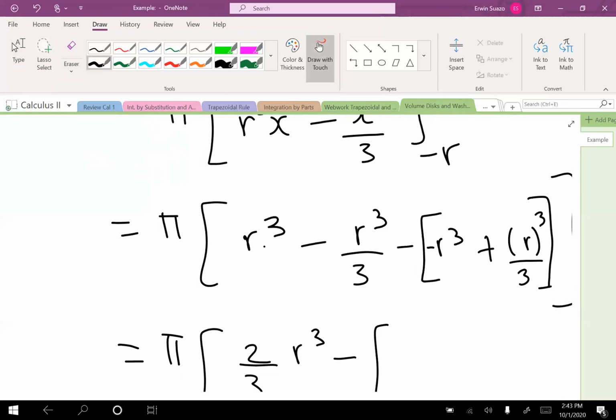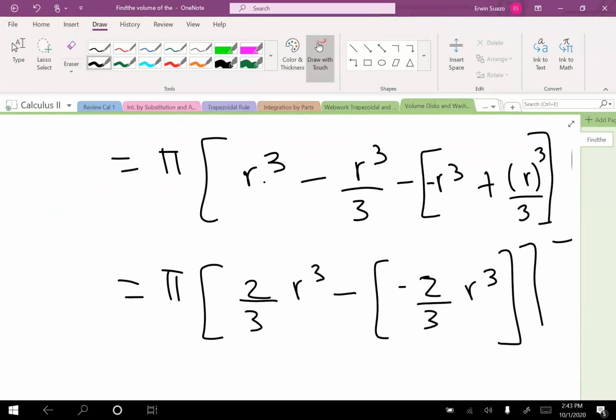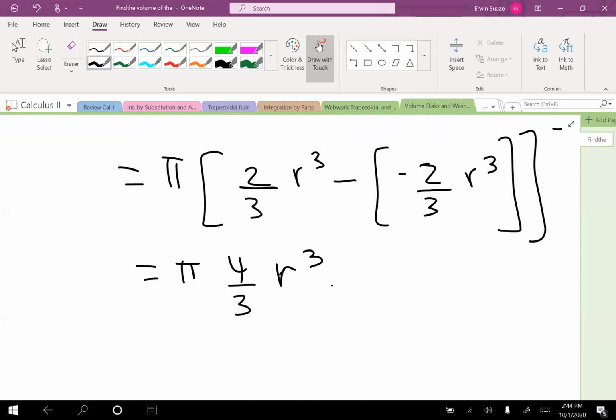So it will be r cubed minus, and minus r cubed is minus 2/3 of r cubed. So then minus a minus gives you a plus, so that will give you 4/3 pi r cubed. And that's what we wanted to show.